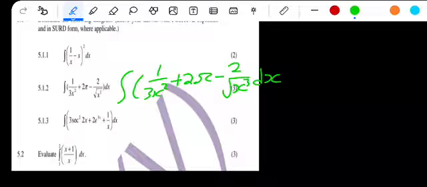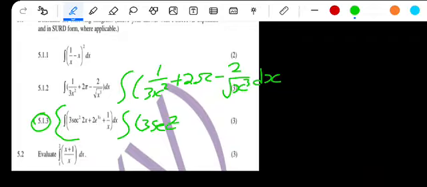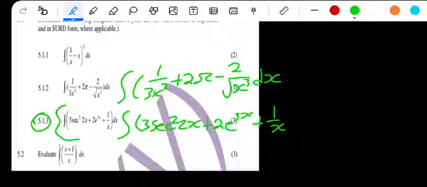Let me also write the second integral you've been given: the integral of 3 sec squared 2x plus 2e raised to the power of 3x plus 1 over x dx.